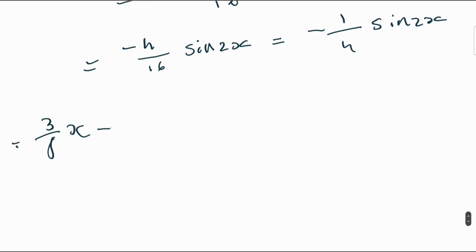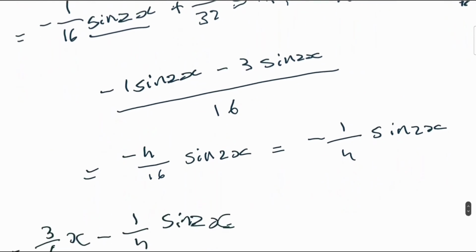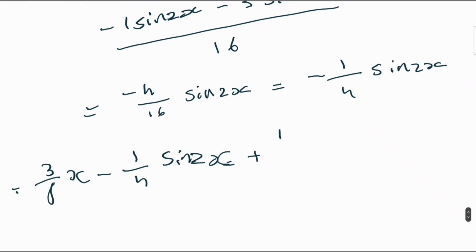It equals 3 over 8x minus 1 over 4 sine 2x plus 1 over 32 sine 4x plus c.